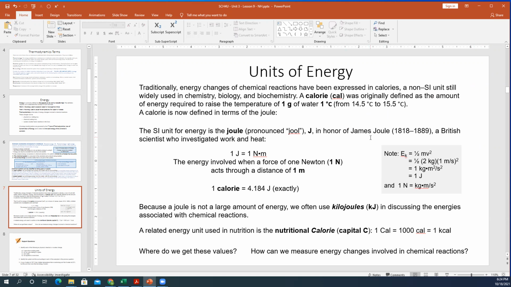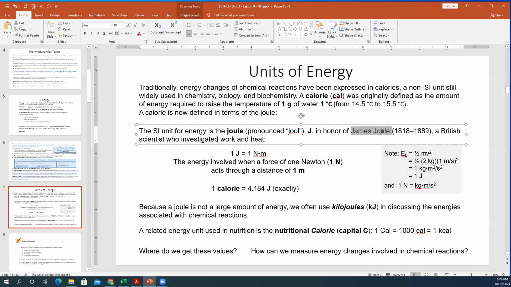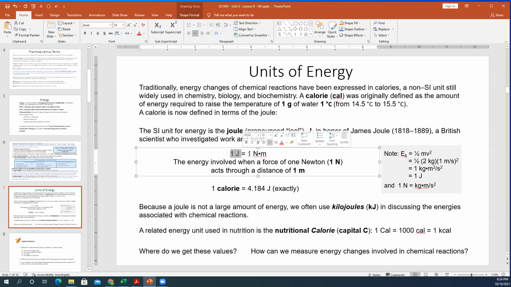It was named in honor of a British scientist, James Joule, who did a lot of experiments and investigation into work and heat. And 1 joule is defined as 1 Newton meter. It's the energy involved when a force of 1 Newton acts through a distance of 1 meter. That is 1 joule.